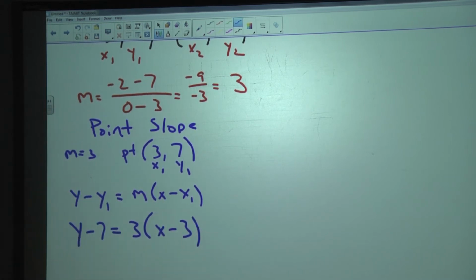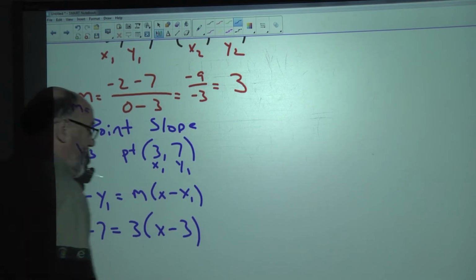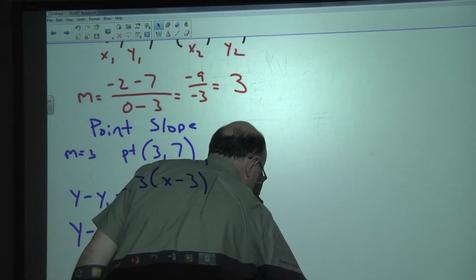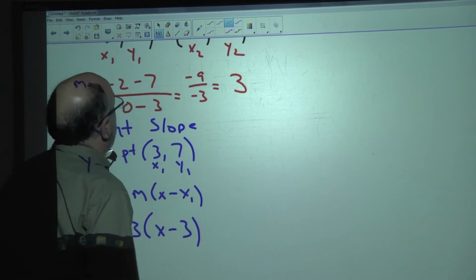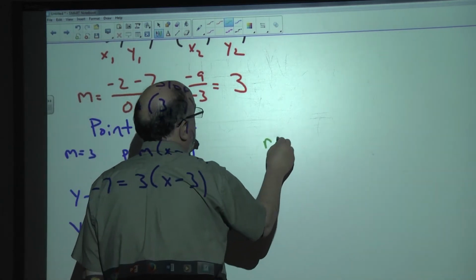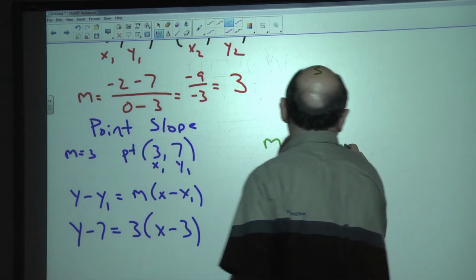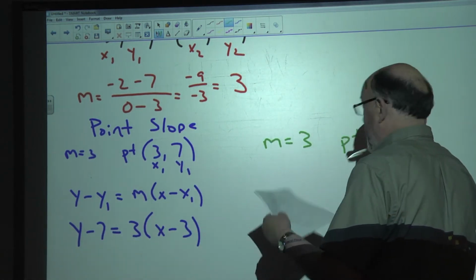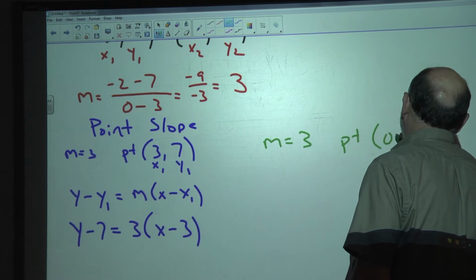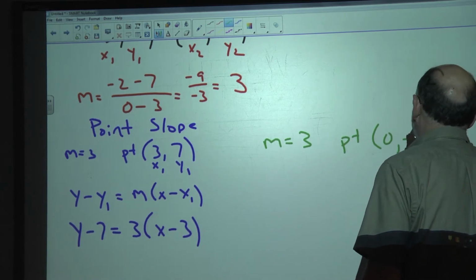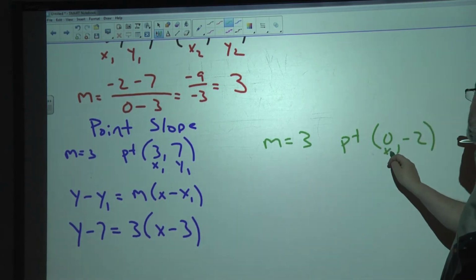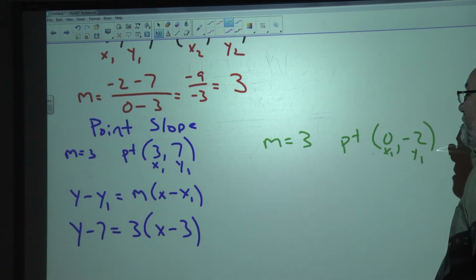Right? And I could also do the same thing using the other point, because after all, both points are on the line. And so again, my slope would be 3. And my point, if I used the other point, would have been (0, -2). So now this is the x1, this is the y1.